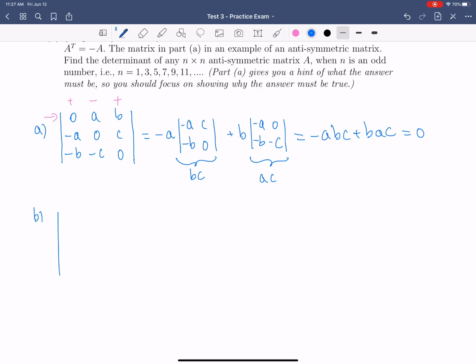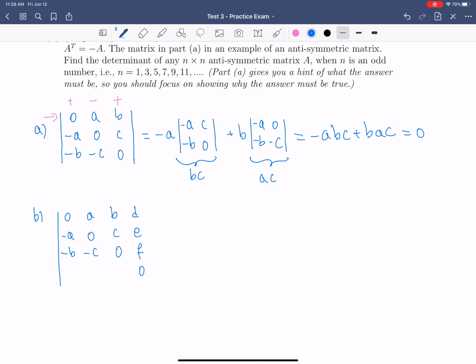I think I'm going to go with the 5 by 5 anyway. Okay, 0, A, B, so I'm going to be using these same letters. 0, C, negative C, 0. And then what do I want? A, B, C, D, E, F, 0.